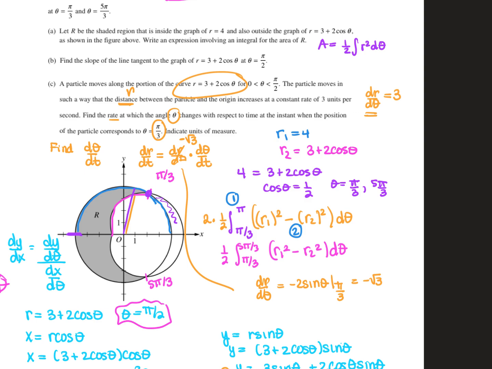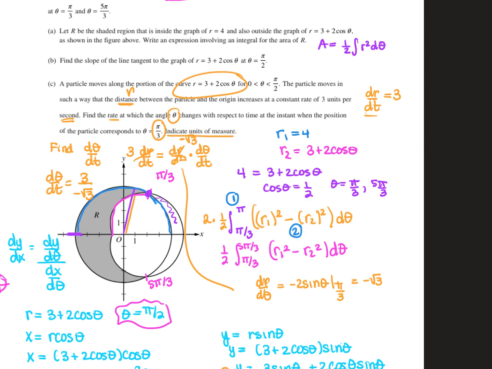And hold on, I made a mistake. This should be dr/dt because it said the rate with respect to time. So we also know dr/dt is equal to 3. And it wants us to find d theta/dt. So d theta/dt is just going to be 3 divided by negative root 3, and that would be in radians per second.